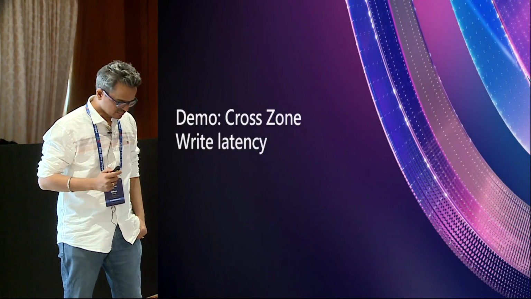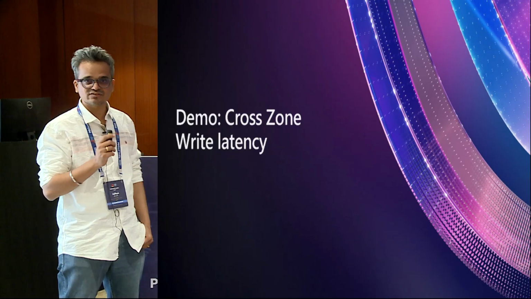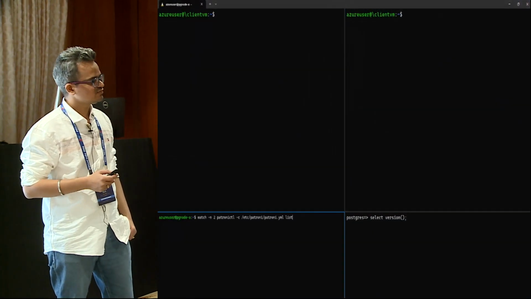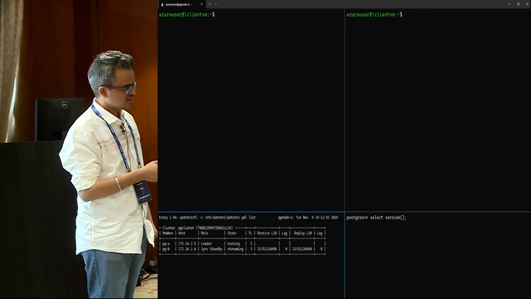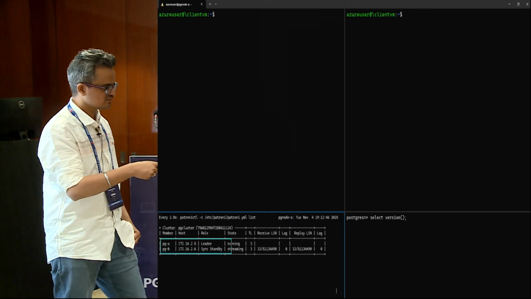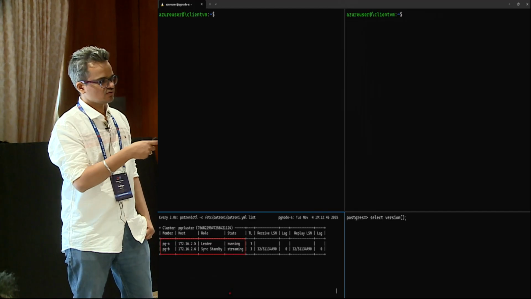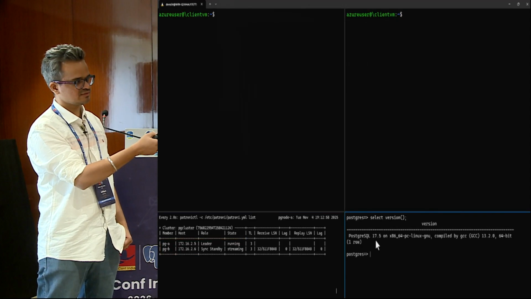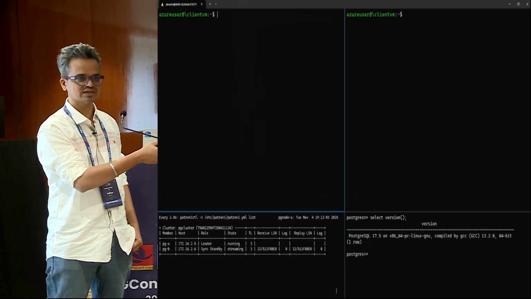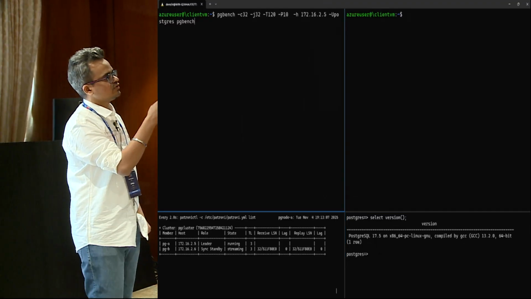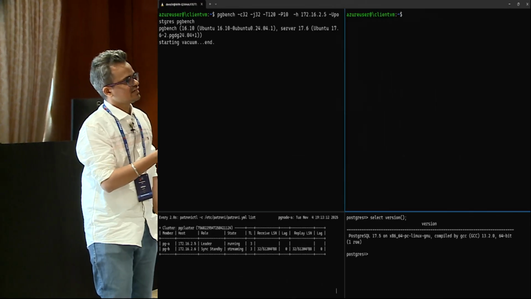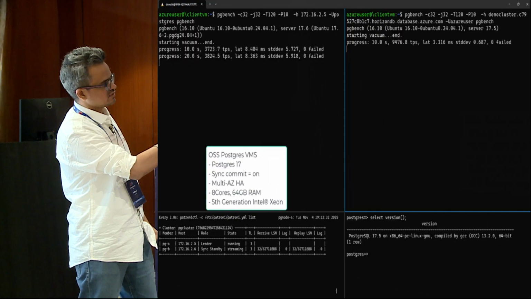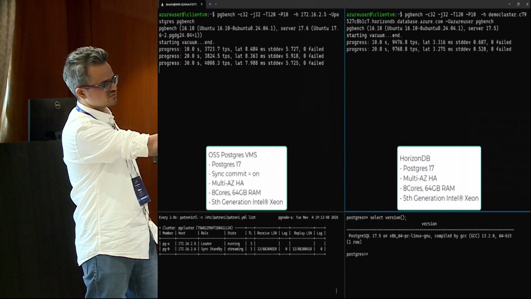So just a demo again on cross zone write latency overall. On the left you can see we have a Patroni cluster with a primary and a sync standby, and on the right we have a HorizonDB cluster, version 17.5. Now we will try to write the data. On top, this is running in a VM and this is running in HorizonDB.